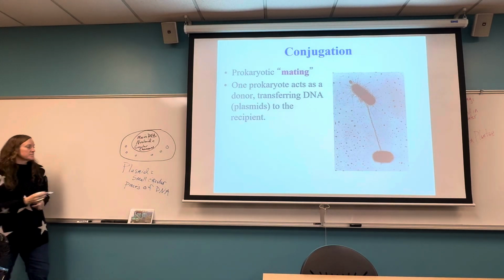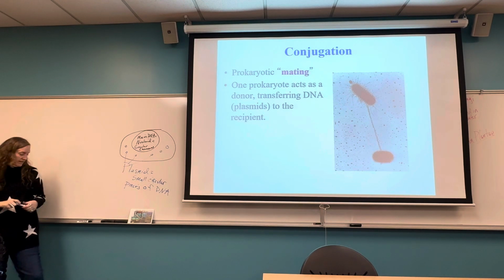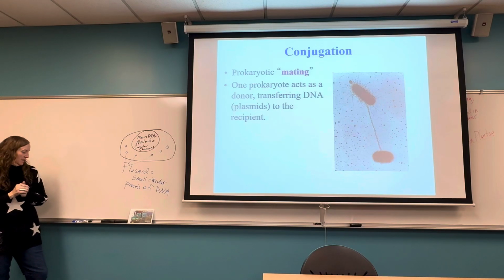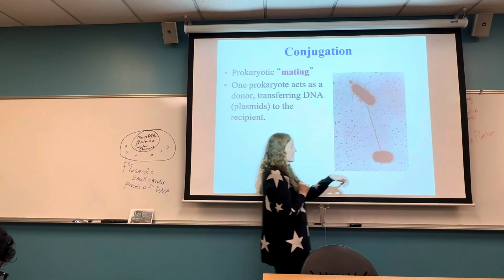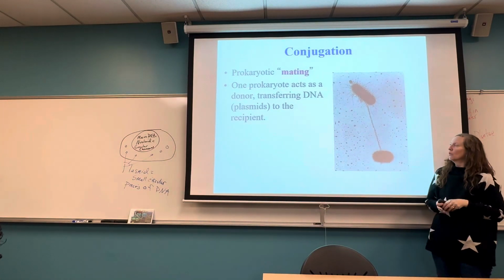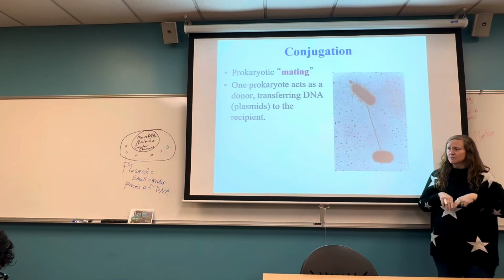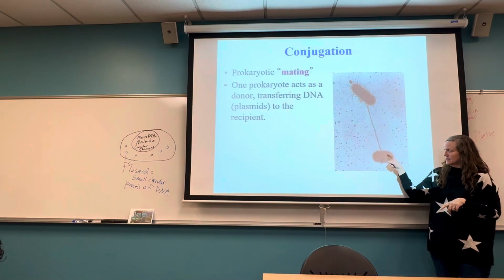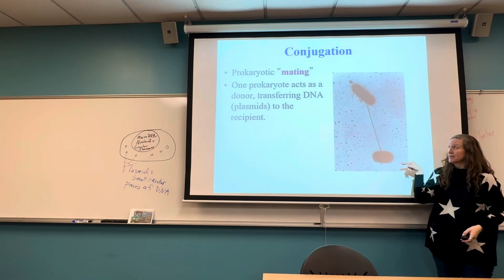They also have these little plasmids that float around in the cytoplasm, and they also have DNA, which means they also have traits on there. And it's these little plasmids that they can shoot across on what's called a sex pili, or sometimes some of them can use a cytoplasmic bridge where they take their cytoplasm and push it out through a pore in the cell wall and then connect the cytoplasm together between two different species, and then they can shoot those plasmids across.